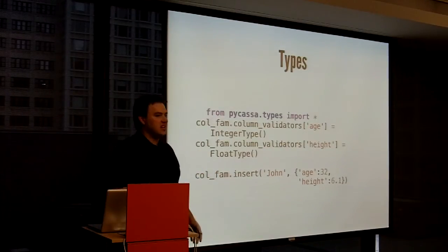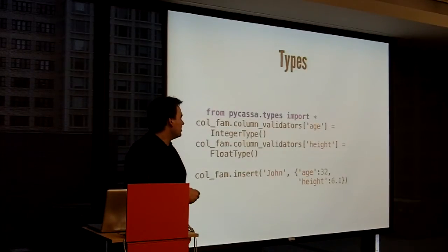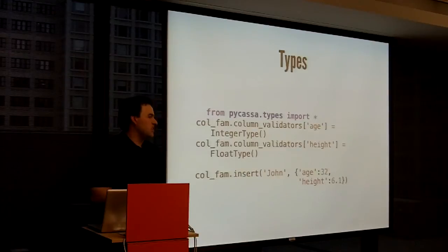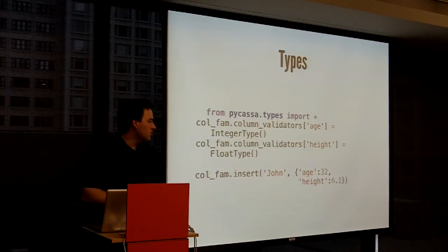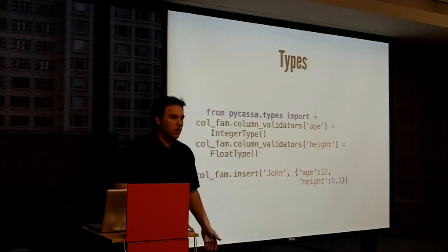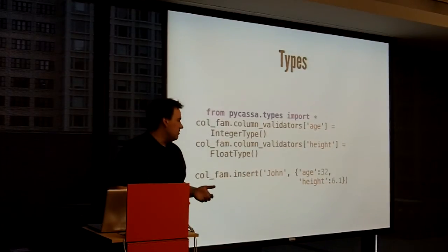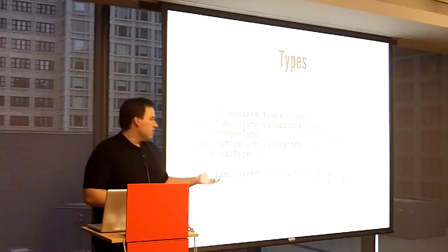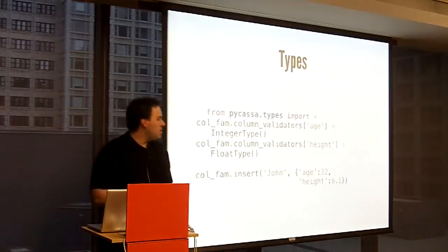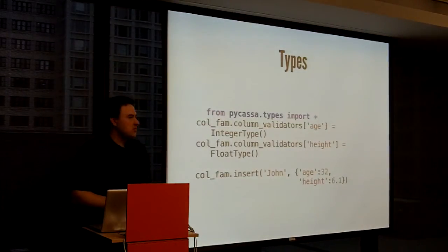But if you haven't set it in the database, but you want to put a schema on top of it for your client, you can tell pycassa the age column is going to be an integer, the height column is going to be a float, and then when you do your insert, you can just use the integer 32 or the floating point value 6.1, and it's going to convert that into bytes and insert it as bytes into the database. And then when you read back out, it'll take those bytes and convert them back into a number or a float. There's a bunch of different types that it supports, and it's very easy to add new types to it.